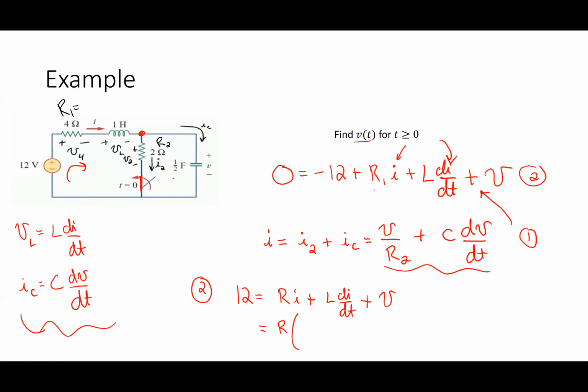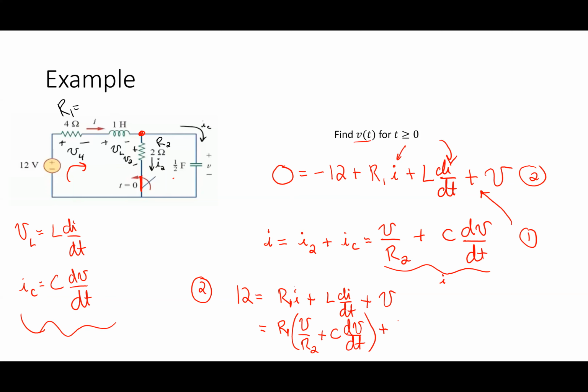I should be careful, this was R1, right? So I'm going to plug in that whole thing: V over R2 plus C dV/dt. That's the first term. Do we need to take the derivative of I now? No, I just plugged I in right there.